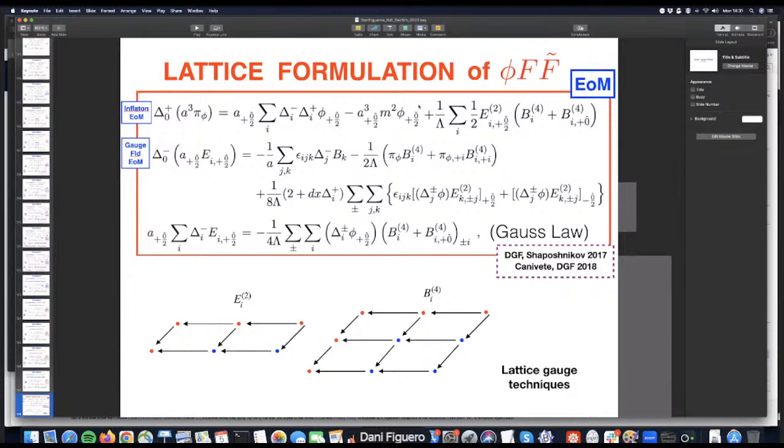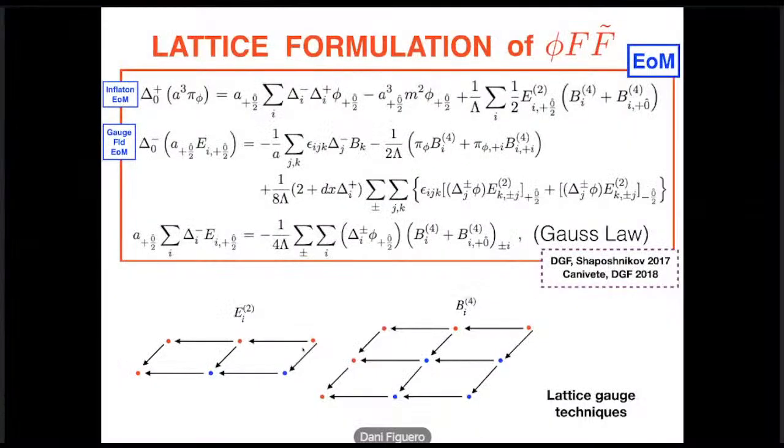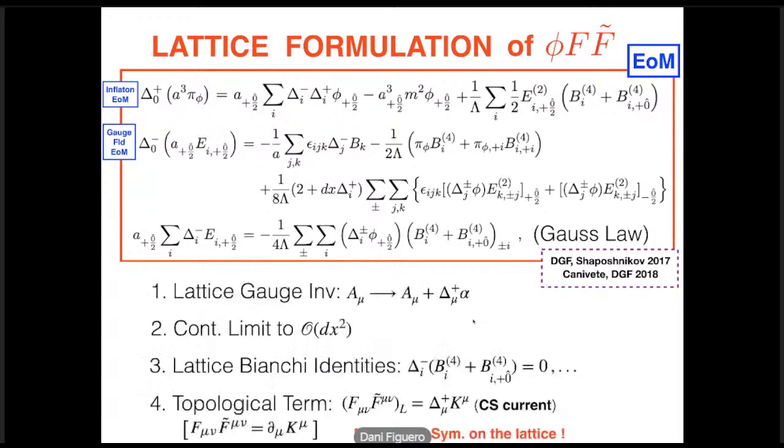I think it's going to become clearer now when I show spectra. So, I don't want to bore you with technical details on the lattice. I just want to tell you that this is how to lattice the system. Misha and I introduce a combination of plaquettes: 2 plaquettes for electric fields, 4 plaquettes for magnetic fields. There are technical reasons why one has to choose this, but I'm not going to enter into that.